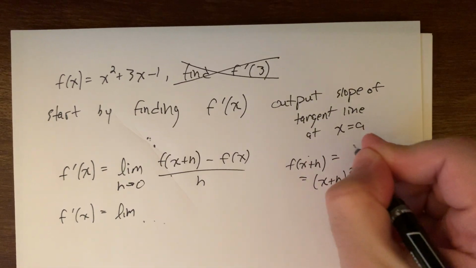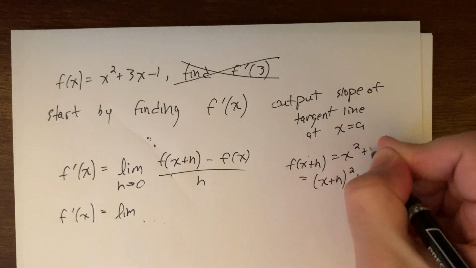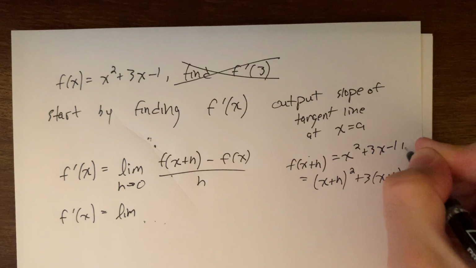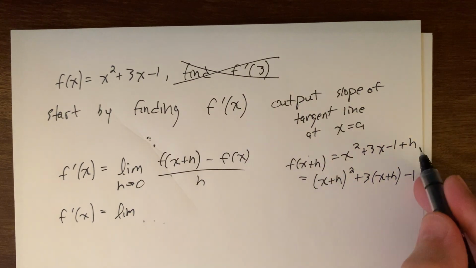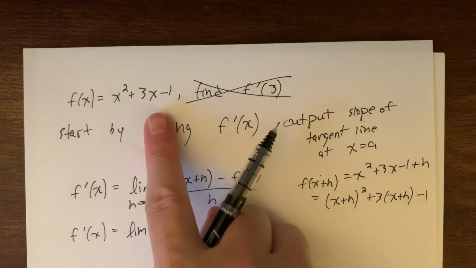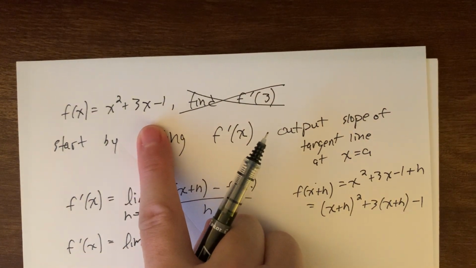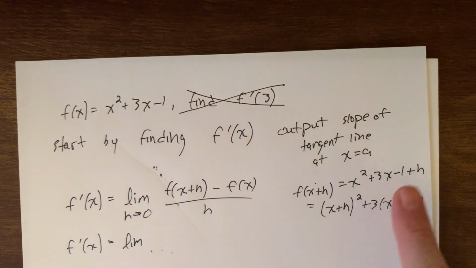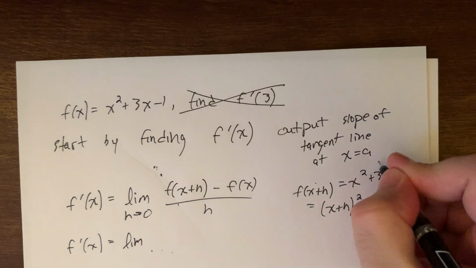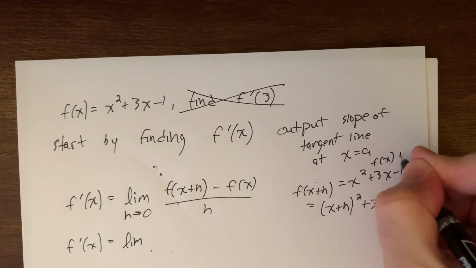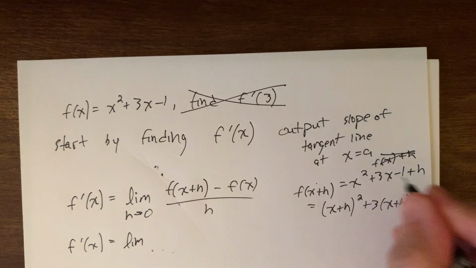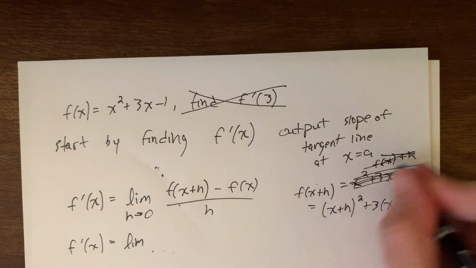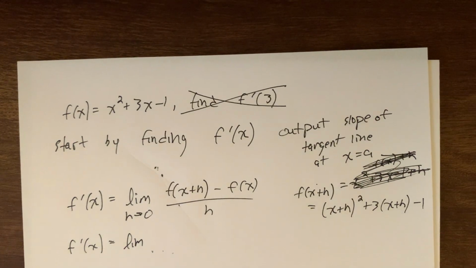People who think f of x plus h is x squared plus 3x minus 1 plus h. They see the plus h here, so they just stick a plus h at the end of their original function. That's not how the notation works, everybody. This would be quantity f of x with the plus h out on its own, and that's not helpful. That does nothing for us in this problem.